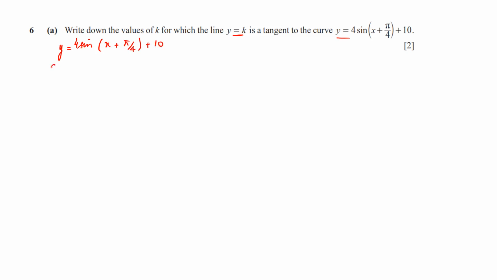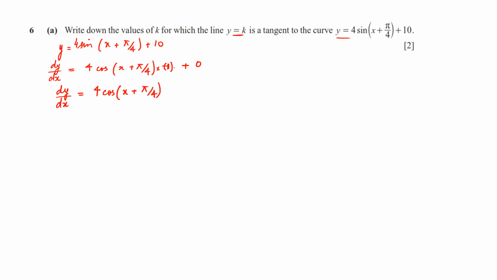So we take the derivative, dy by dx becomes equal to 4 cos of (x plus 5 by 4) plus the derivative of inside, that is x multiplied by 1, plus derivative of 10 is 0. So now the derivative becomes equal to 4 cosine of (x plus 5 by 4).